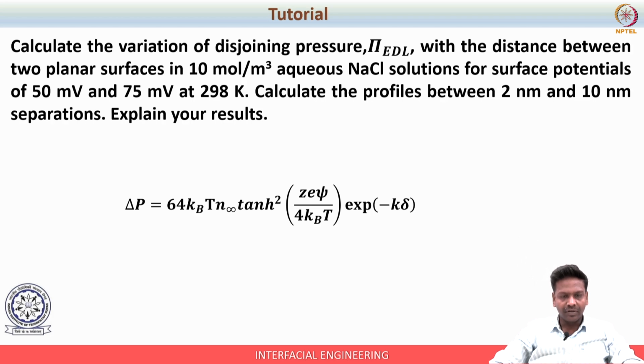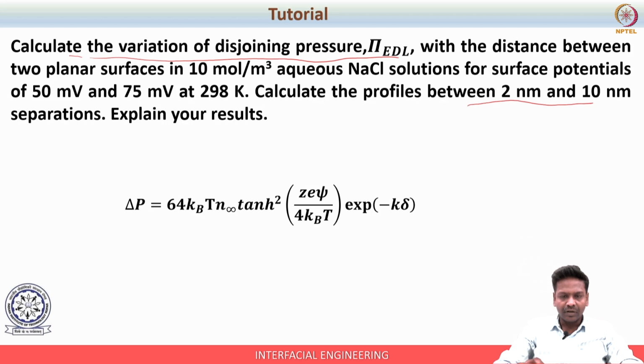Here in this slide, we will look at one tutorial. We will try to get the profile between 2 nanometer and 10 nanometer separation distance, and see how the disjoining pressure will look. We are going to calculate the variation of the disjoining pressure, which can also be expressed as pi subscript EDL, representing the electrical double layer.